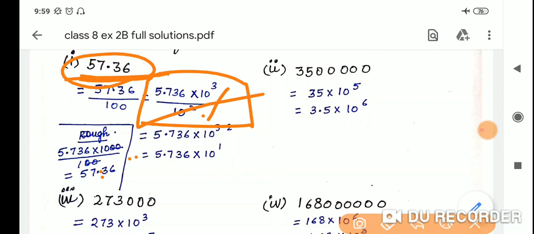Understood? And don't get confused about why we have to change it into a decimal, because when we studied standard form, it is mentioned there. It is a type of rule.